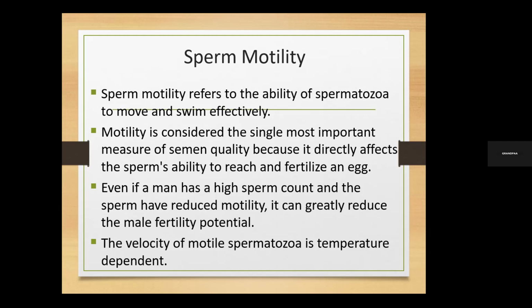However, the velocity of motile spermatozoa is temperature dependent. I think we've said this severally, that temperature is one of the key things that can affect sperm motility, to the extent that during our preparation for the sampling, you are advised to counsel your patient to try to get the specimen under certain temperature controls.